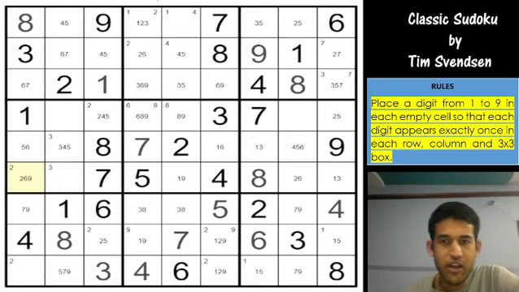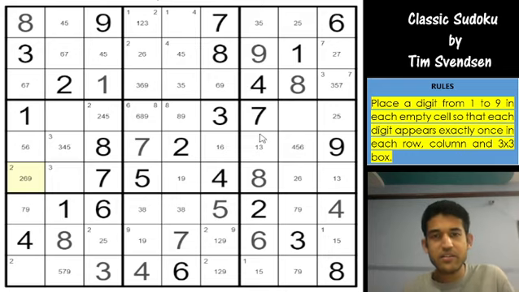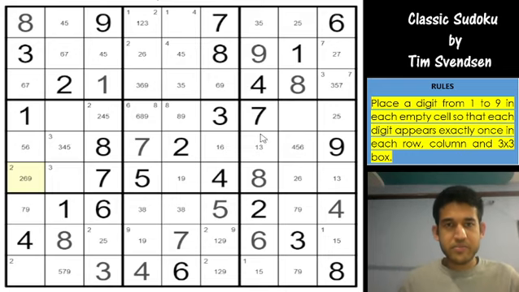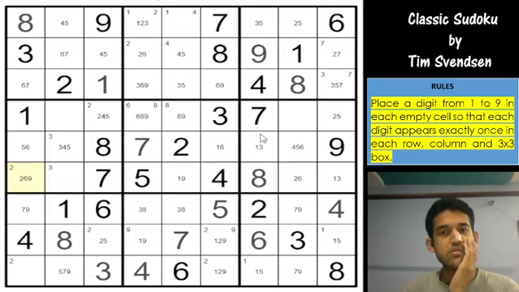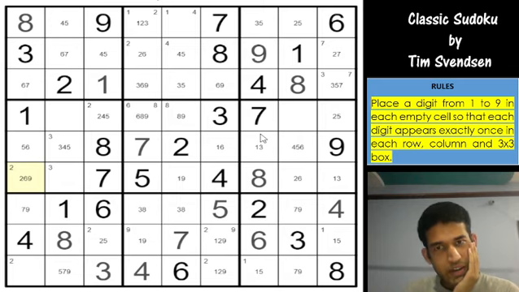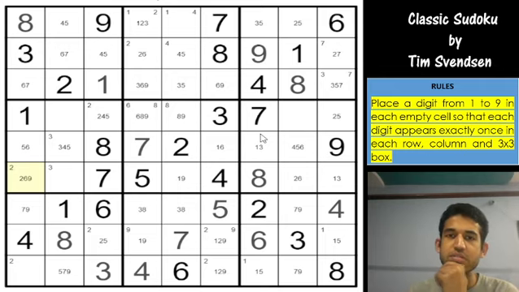The amount of bi-value candidates is just mind-boggling, guys. You can go along any path and... do I really need to do simple coloring maybe with the 5s? There are so many 5s in the grid.